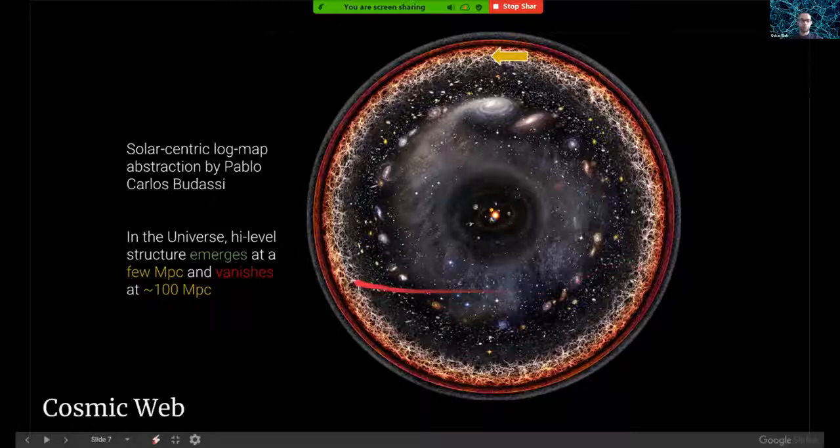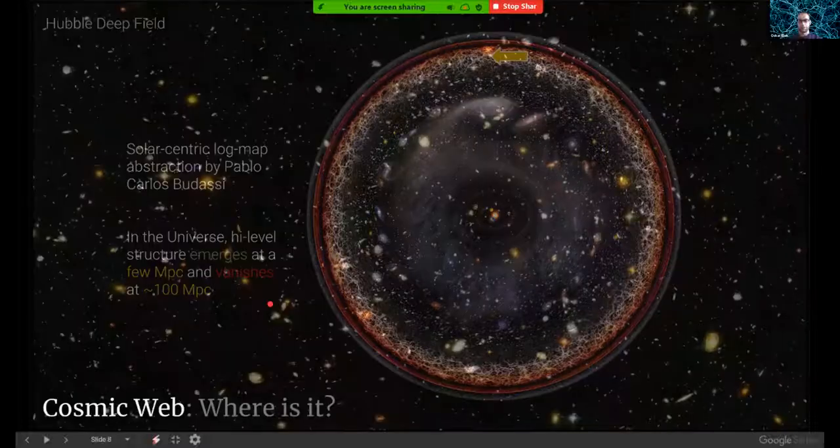This is a really huge structure with features, these filaments, between a few megaparsecs and hundreds of megaparsecs, where 1 megaparsec is 3 million light years. So this is an incredibly, unimaginably large structure, and we're trying to reconstruct it.